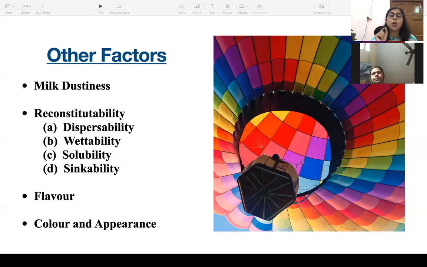This property of mixing with water and getting reconstituted to the original product is known as reconstitutability. Reconstitutability is based upon the factors present inside the milk powder, which are lactose, fat, and protein. Based upon these, we will take one thing at a time. Point C is solubility. In solubility, we take up the products which are soluble in nature.